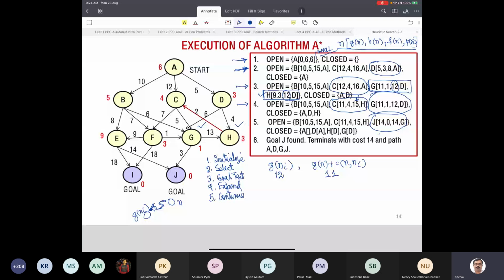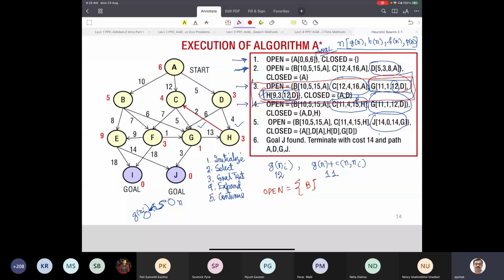Here, G and H both had the same cost, and we chose H. Suppose at that point we had chosen G. Can anybody tell me, if we had chosen G instead of H, what would open become? We would have updated J earlier and we would have reached earlier.